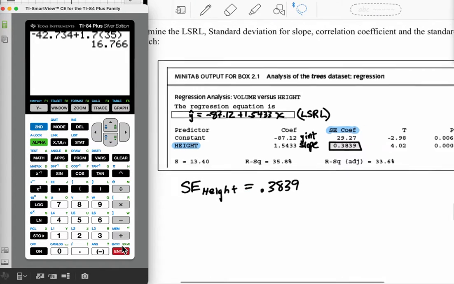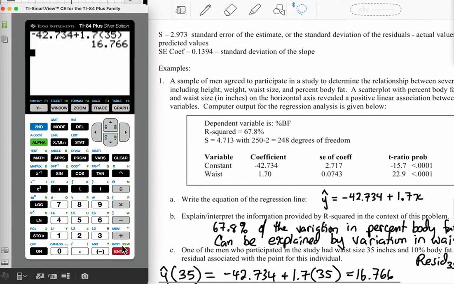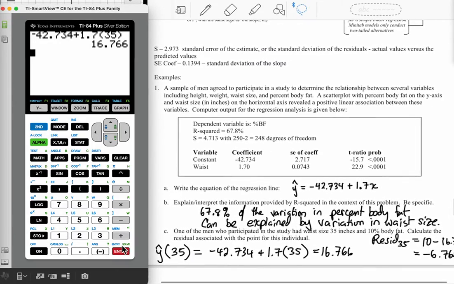Now there are two variables here, volume versus height. So it's just a question of, well, which one is going to predict the other? Which one is the explanatory and which one is the response? It's always a weird question, because we have two variables, one versus the other. In the previous one, this was percent body fat versus waist size.